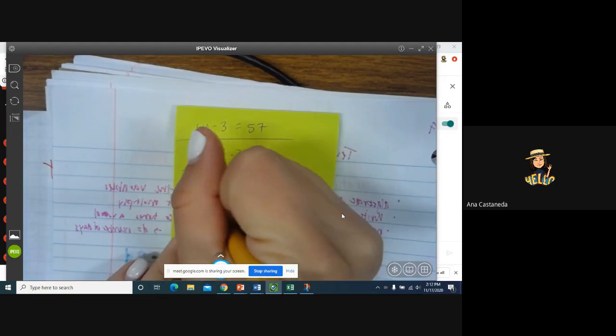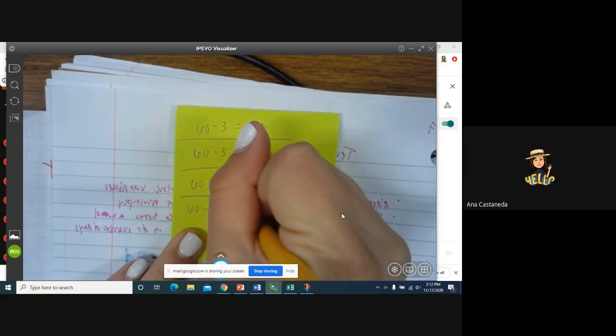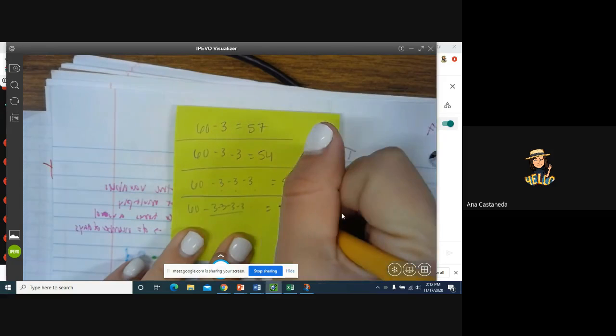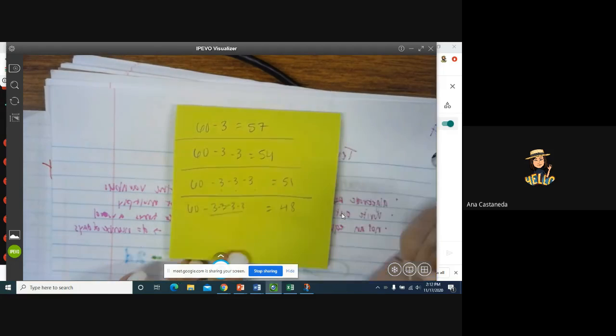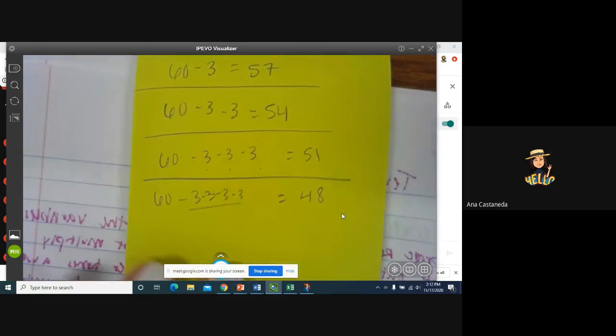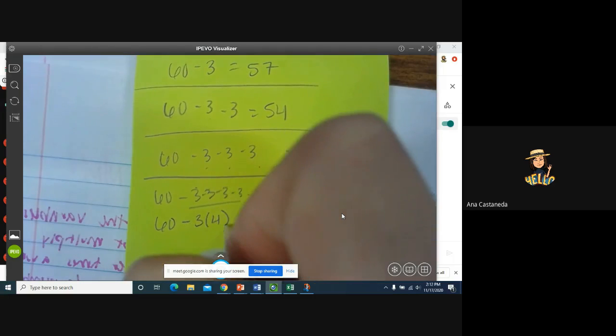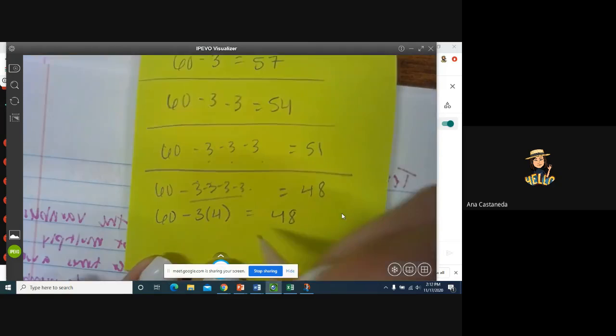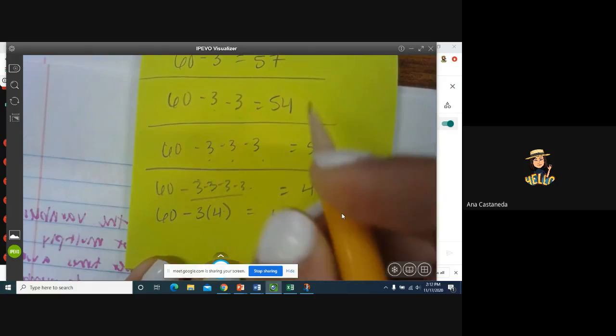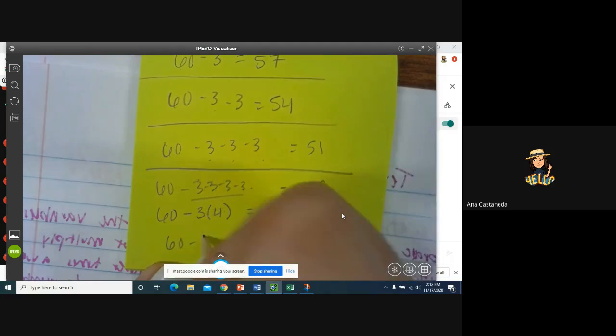Then I do this again for 4 days. I subtract 3 four times, and I get 48. So what I'm doing right here is I'm really subtracting 60 minus 3 four times, which I could say as 3 times 4, and I get 48. 3 times 4 is the same thing as saying minus 12.